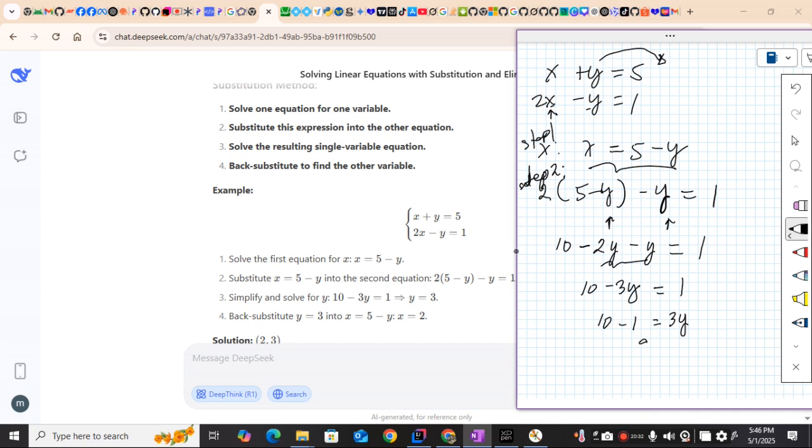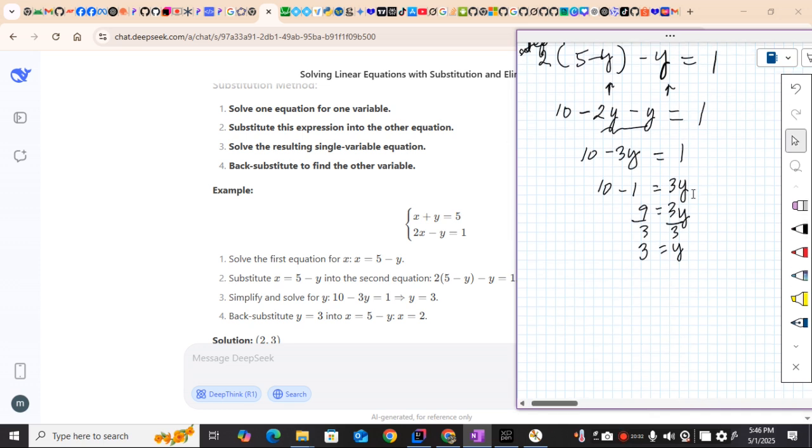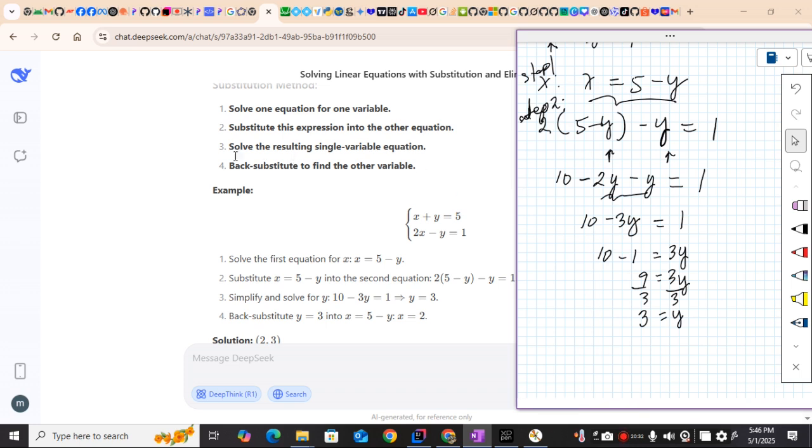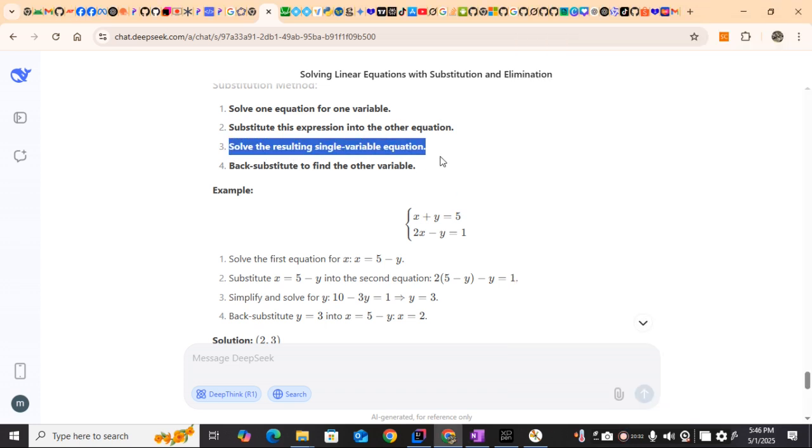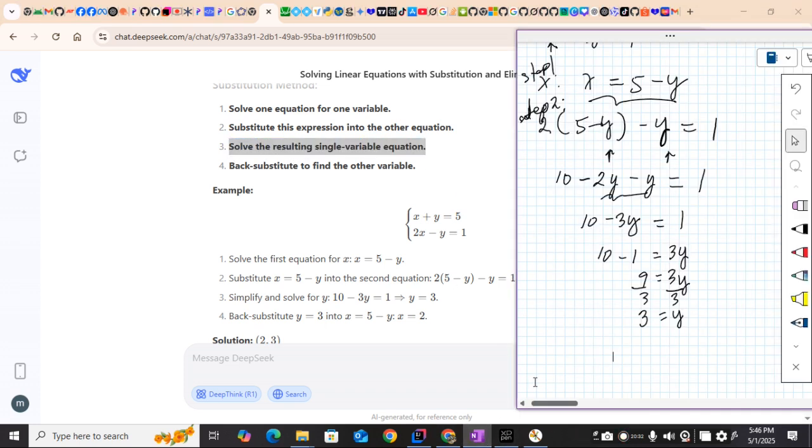Effectively, we have 9 equals 3y. If we divide everything by 3, this becomes y equals 3. And that's the solution for the value of y. We have successfully done step 3.